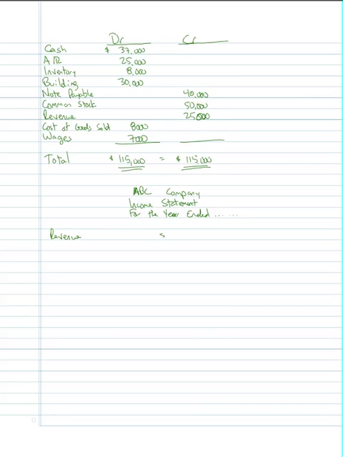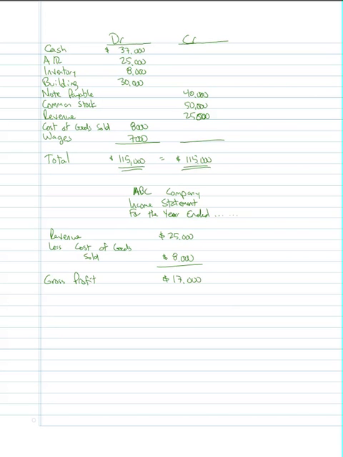An income statement starts with our revenue, $25,000. Subtracts our cost of goods sold of $8,000. To calculate a gross profit, $17,000.